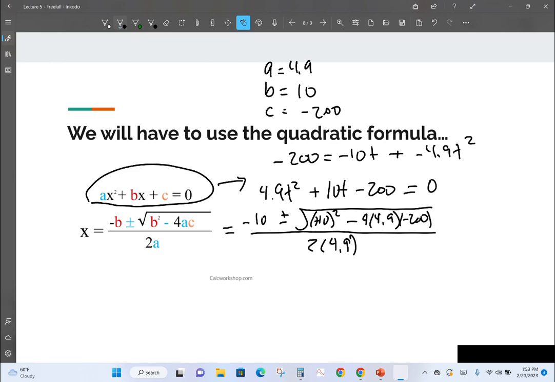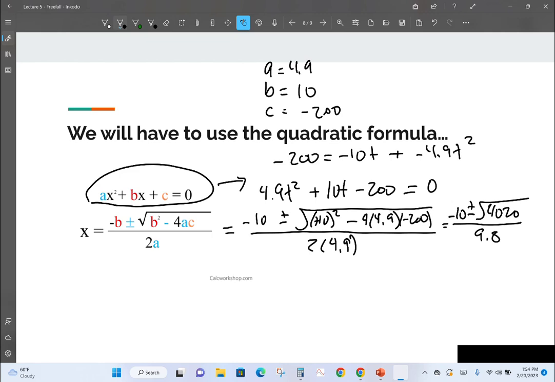So first let me find what's in the radical here. 10 squared is 100, minus parentheses 4 times 4.9 times negative 200, so this turns into negative 10 plus or minus the square root of 4020 all over 9.8.